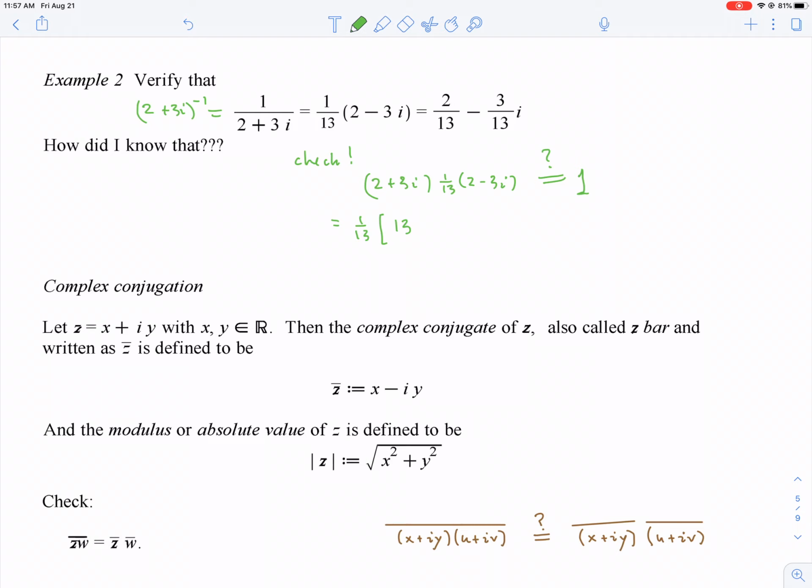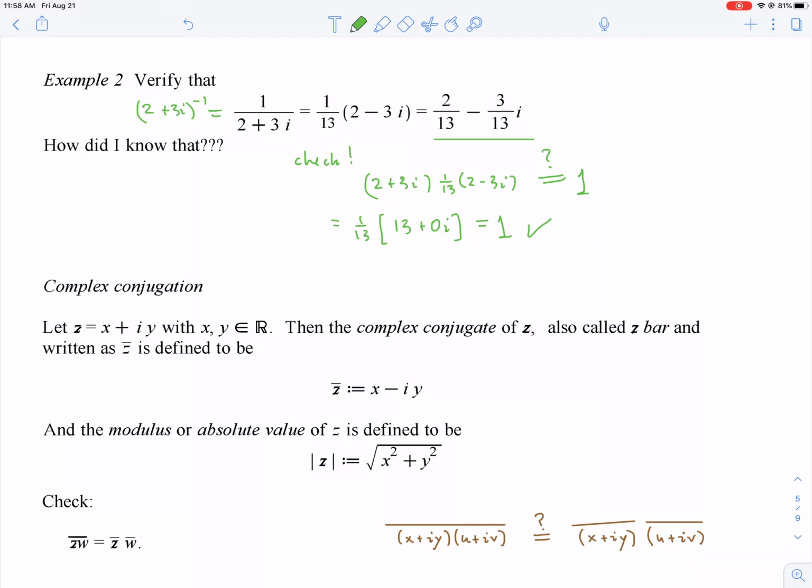And the other two terms, the i coefficients, cancel. I'll get 6i minus 6i. So for sure, a multiplicative inverse of 2 plus 3i is 2/13 minus 3/13 i.